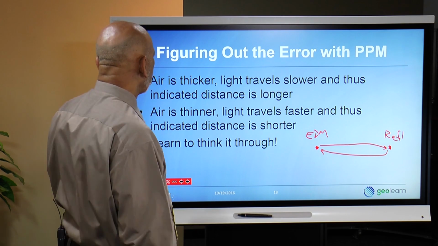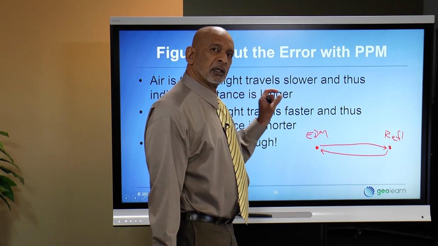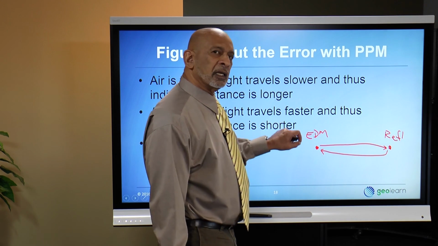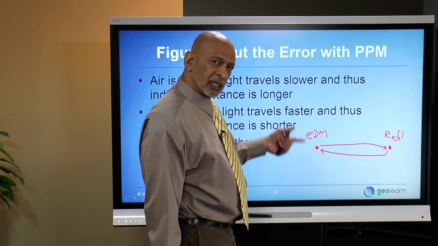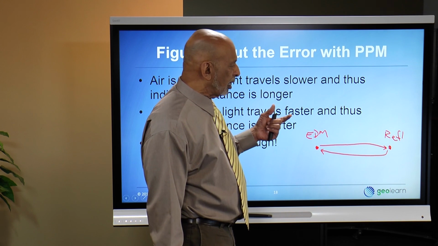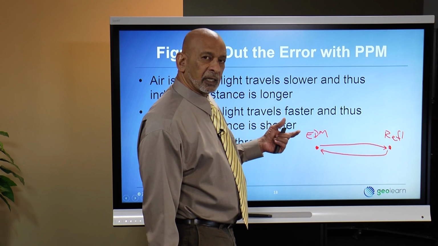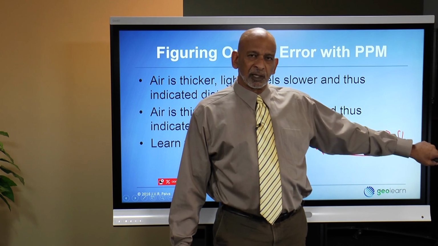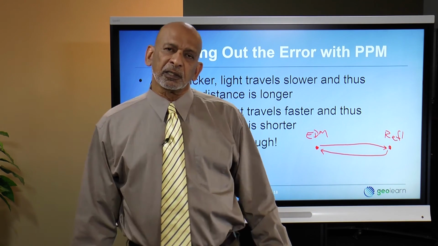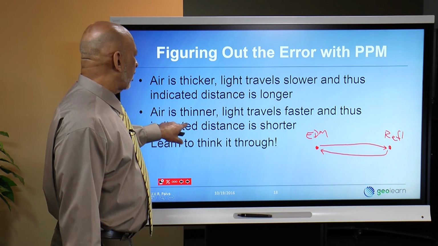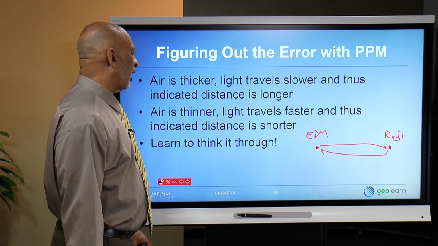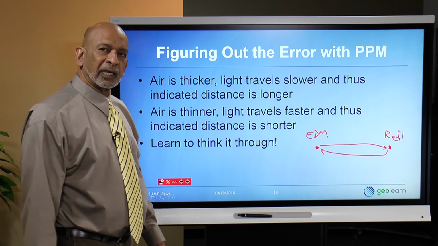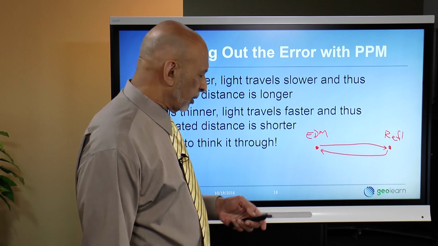So can you see that if the air is thicker and the pulse takes longer to go out to the reflector and come back, it's as if the air was thinner at the normal density that's assumed in the EDM, the same as if the pulse went out a longer distance. And conversely, if the air is thinner, the light travels faster, and thus the indicated distance is shorter. So learn to think it through, and think it through correctly.